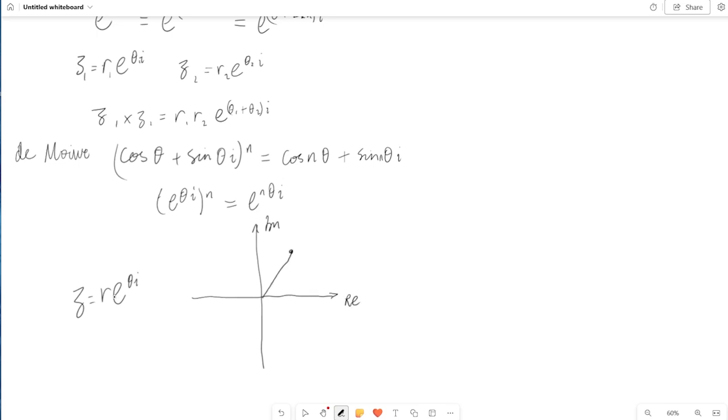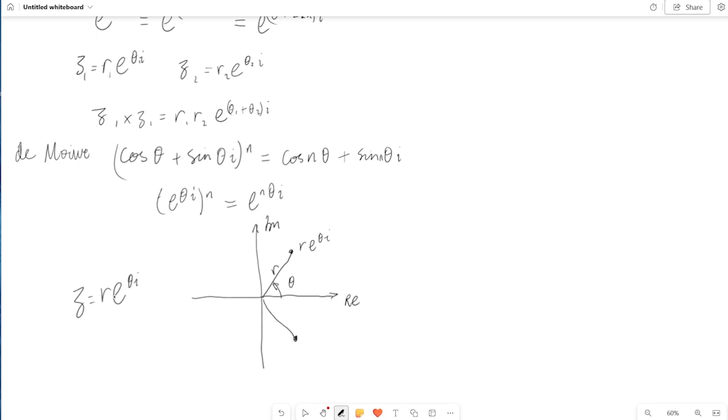This number is r e to the power of theta i; it has the angle of theta and the length of r. Based on what we've done with conjugates, we know it's a reflection about the real axis.